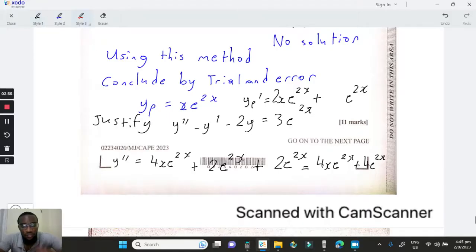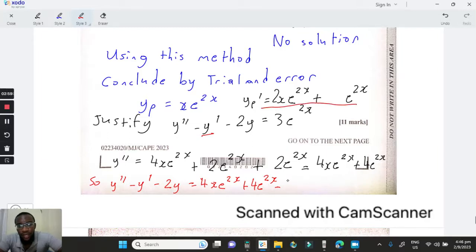Now since we're justifying, we're going to plug these in here. And so y prime prime minus y prime minus 2y is 4x e to the 2x plus 4e to the 2x, minus y prime now, and y prime is this, minus 2x e to the 2x plus e to the x.